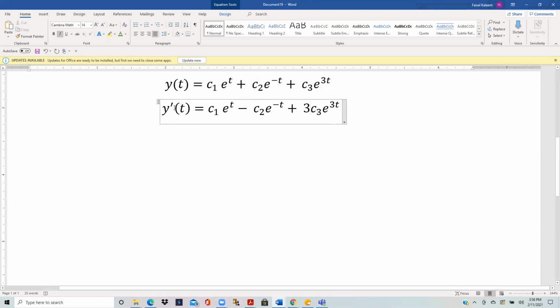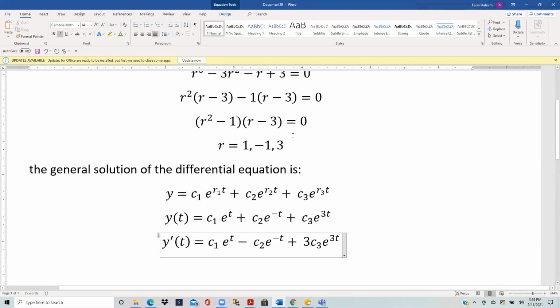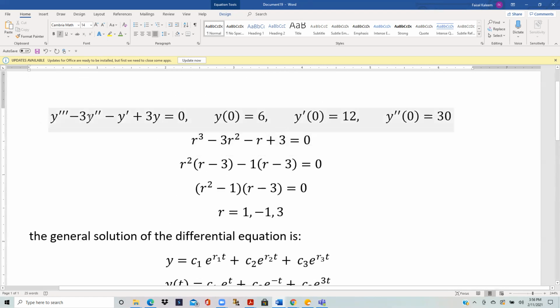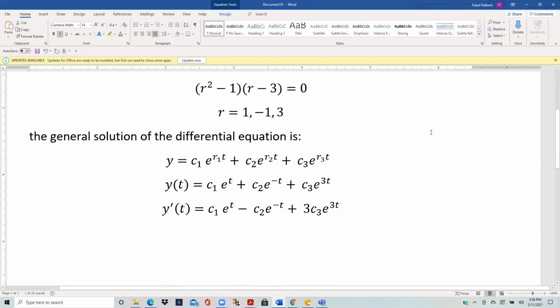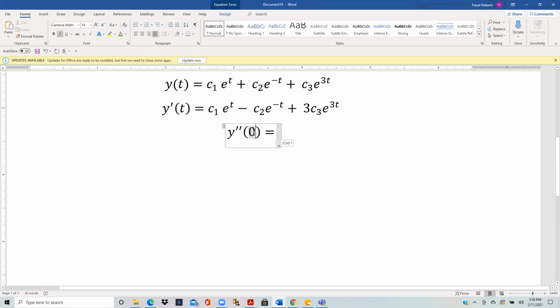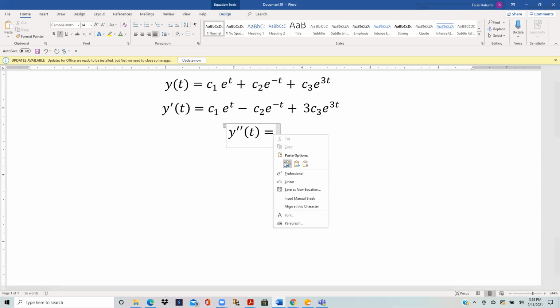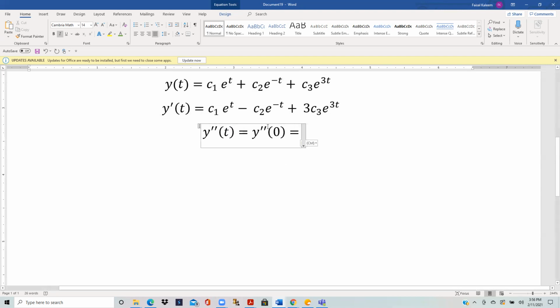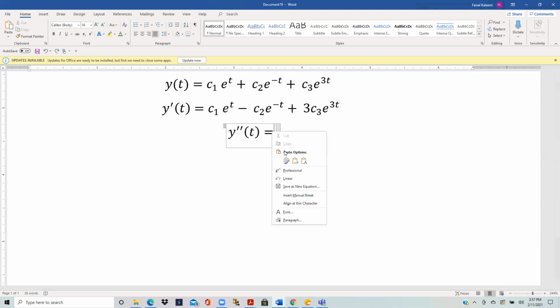Okay, and then when you do the second derivative, y double prime t, you just copy this one, take the derivative of this.